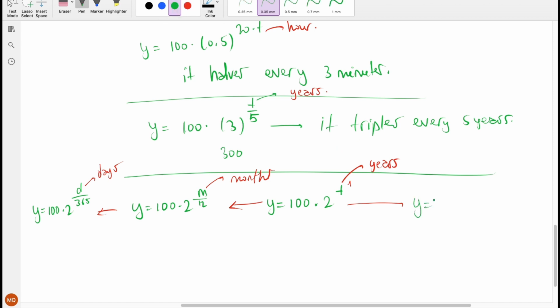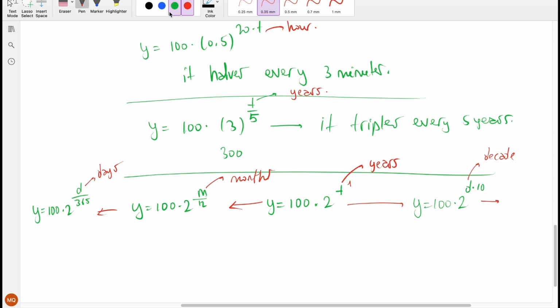It is y is equal to 100 multiplied by 2 to the power of d multiplied by 10. When 1 decade passes, 10 years will have passed, so here you have to write 10. It's also 2 with the power of 10, so they are the same.